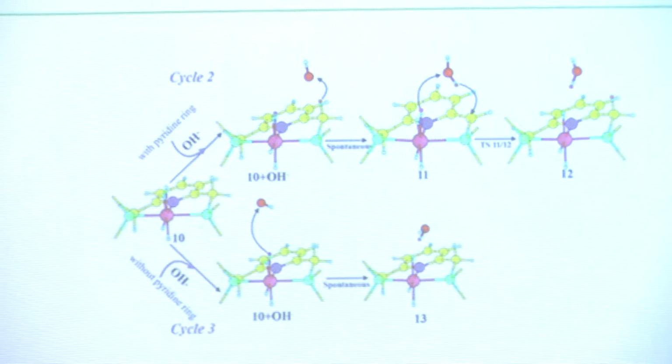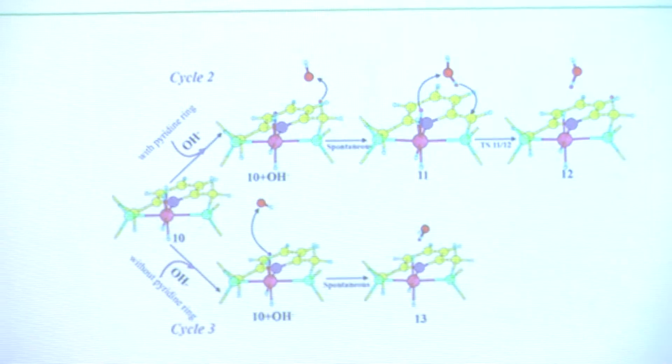As in any catalytic cycle, we have to regenerate our catalyst. In this case, we can do it in two forms, and they didn't really know why we had two pathways.